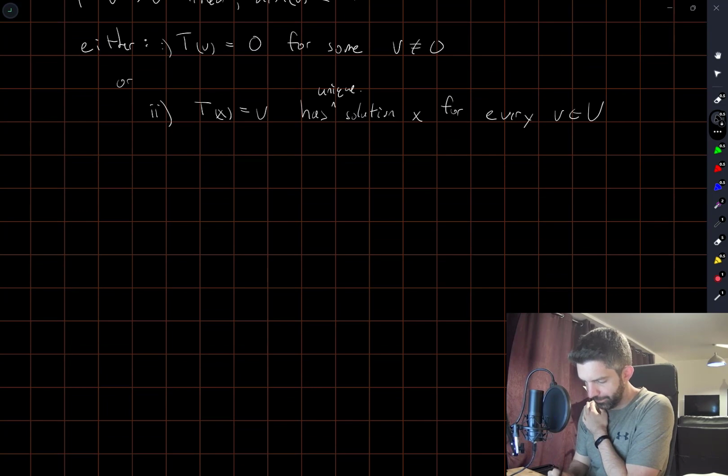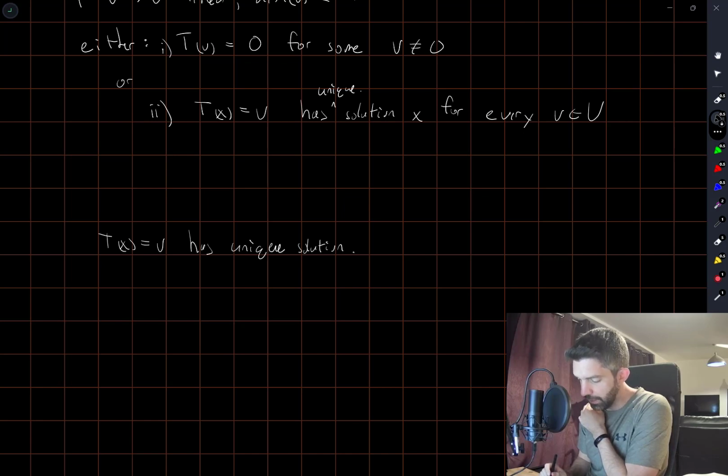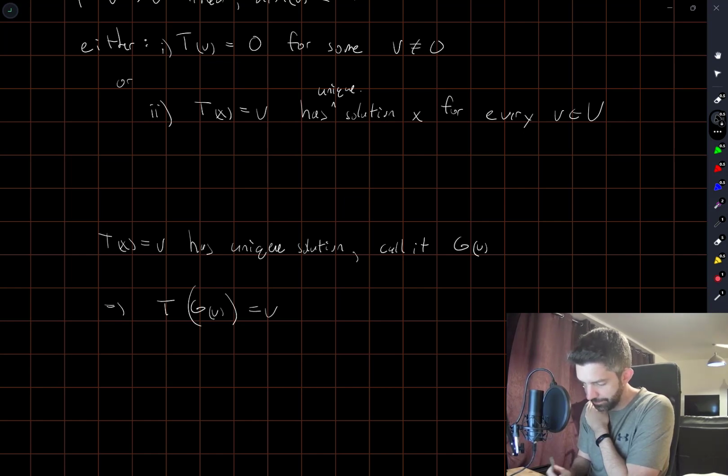I'm going to start by assuming 2 is true and show that 1 cannot be true. T of x equals v has a unique solution. I'll call it g of v. So this says that T of g of v is equal to v.